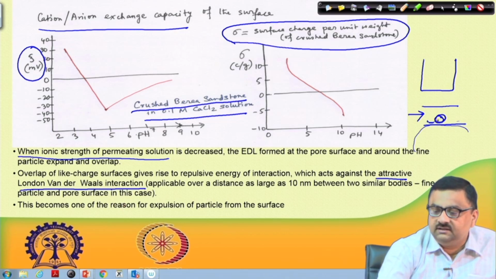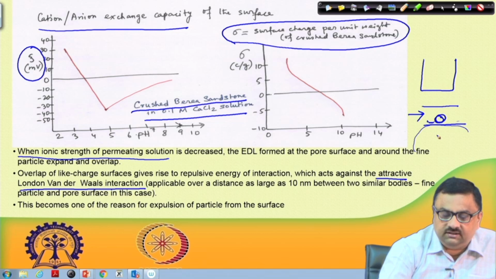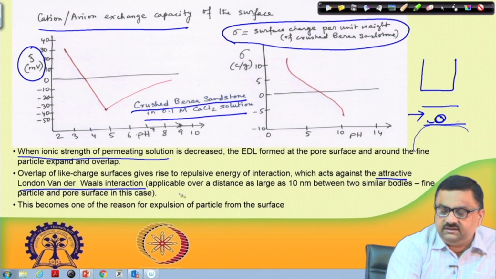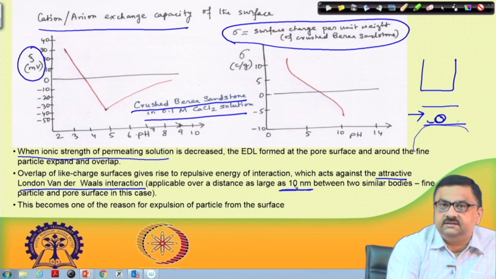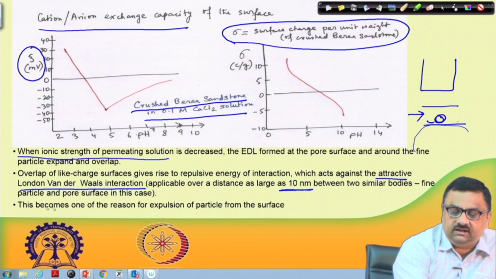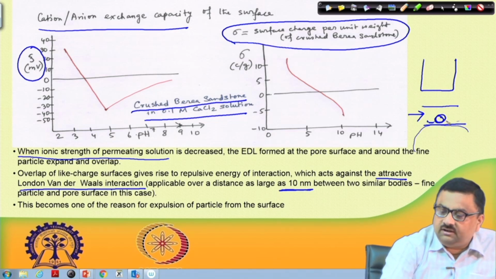So, this grain and this wall are held together by an attractive London van der Waals force, which is applicable over a distance as large as 10 nanometers. That is quite a large distance, and this attraction is applicable between two similar bodies, a fine particle and the pore surface in this case. So, there is an attraction because of which they are held together inside the porous medium.